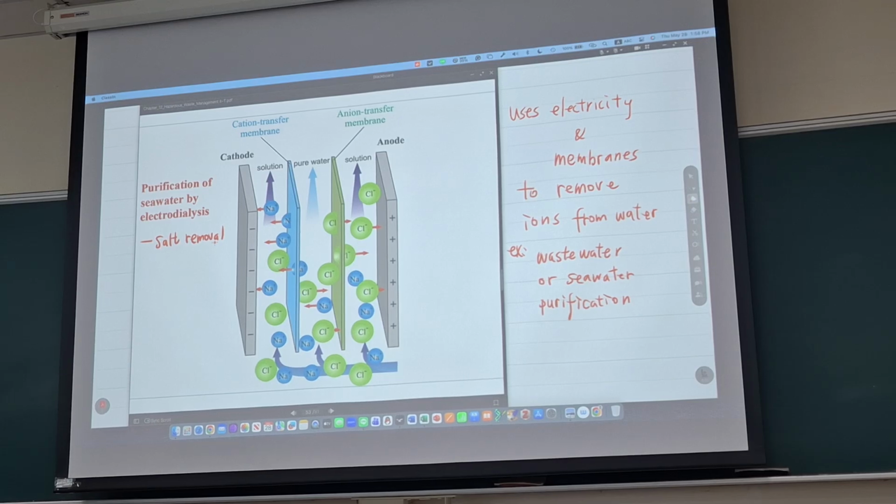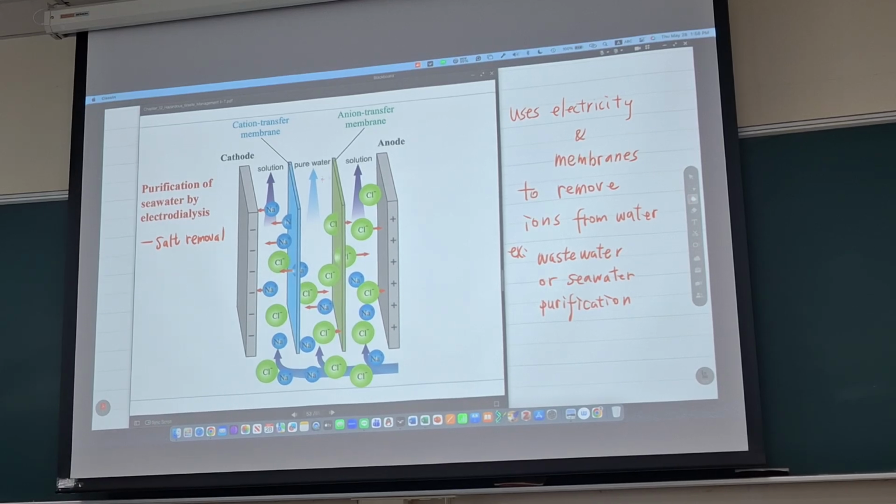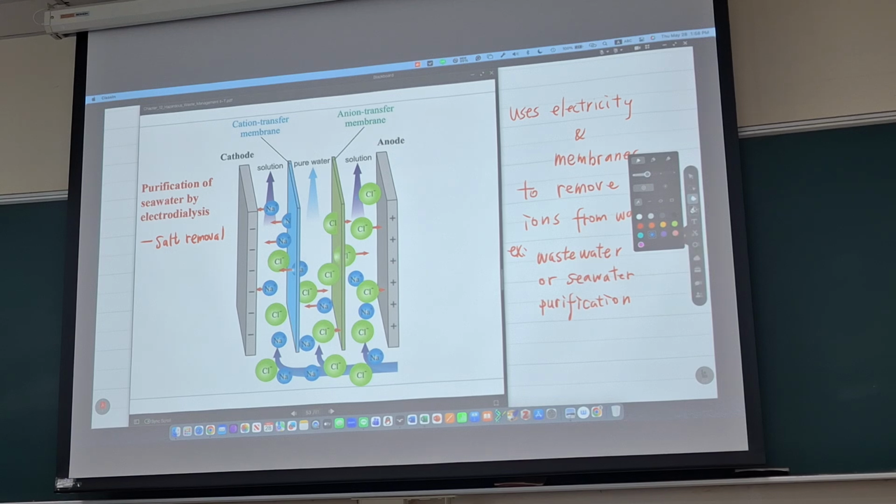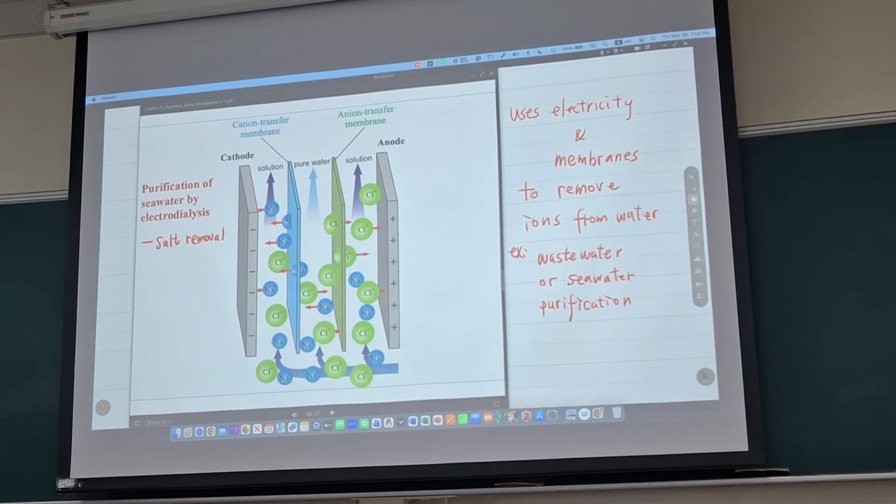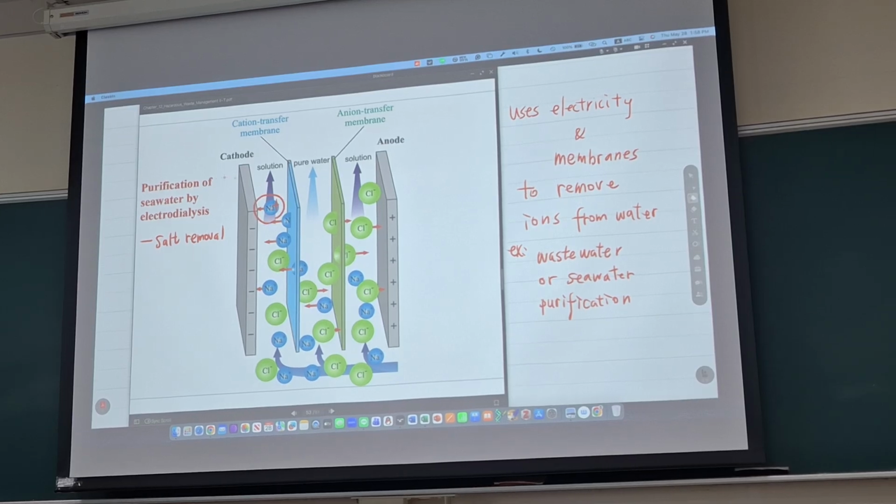The cation, Na plus, will move to the cathode.